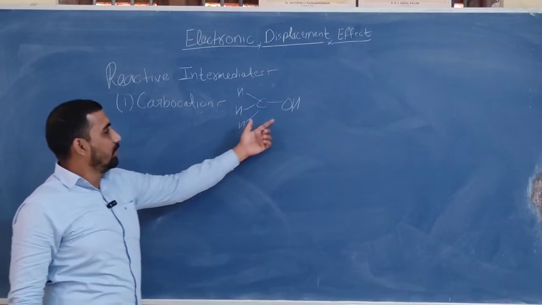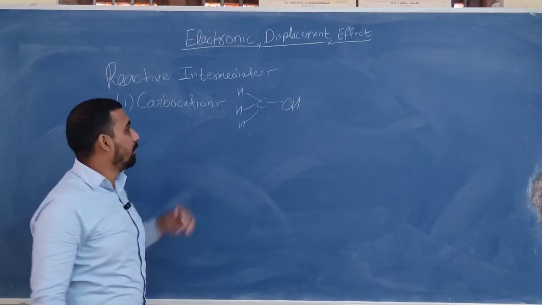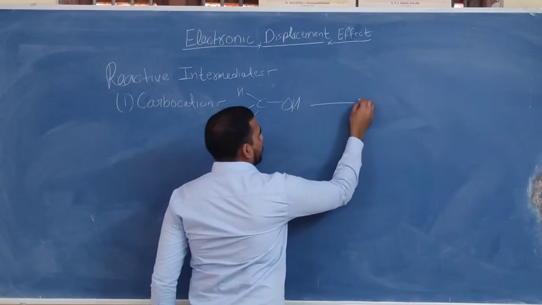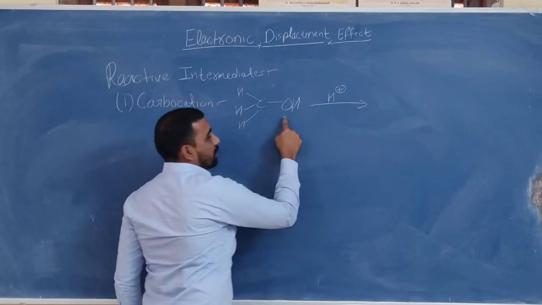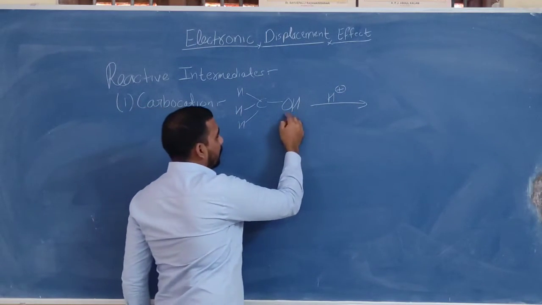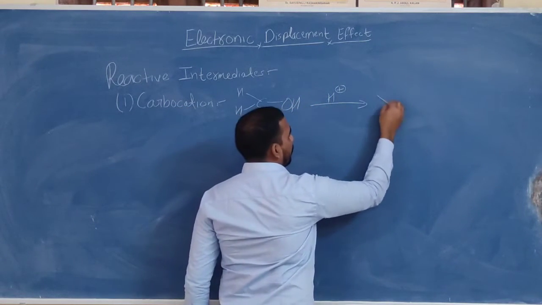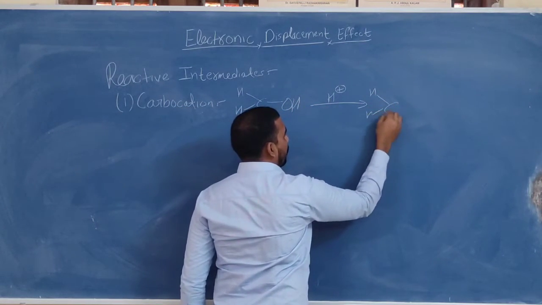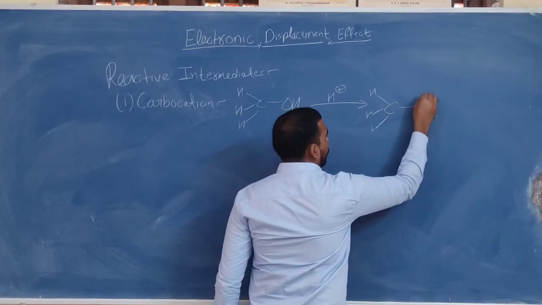We have methanol. There is an electronegativity difference between this carbon and oxygen. Then what will happen in the presence of, let's say, some acid? This will change into a hydronium-type ion. This oxygen will attack this H plus ion to form OH2 plus.